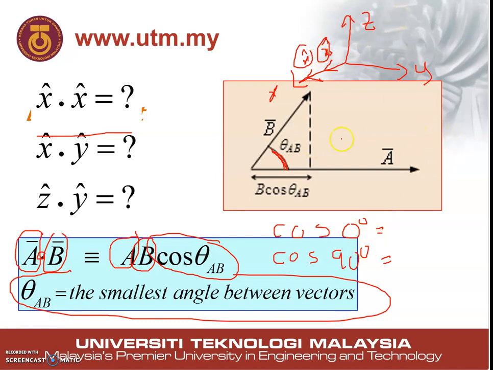And this one is 90 degree, for example, the vector x with the vector of unit z, so they are orthogonal, so 90 degree.